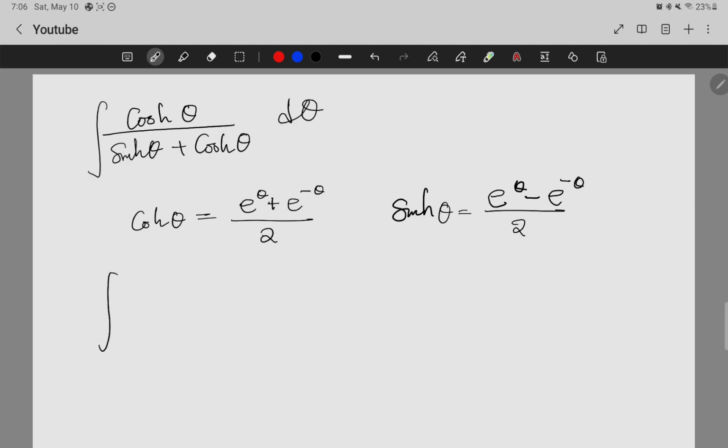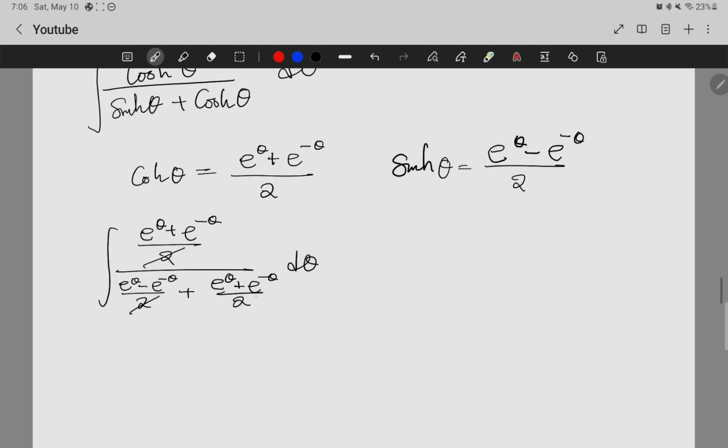In place of cosh, we're going to have e to the theta plus e to the minus theta over 2, divided by, in the denominator, hyperbolic sine first, which is e to the theta minus e to the minus theta over 2, then plus e to the theta plus e to the minus theta over 2, d theta.